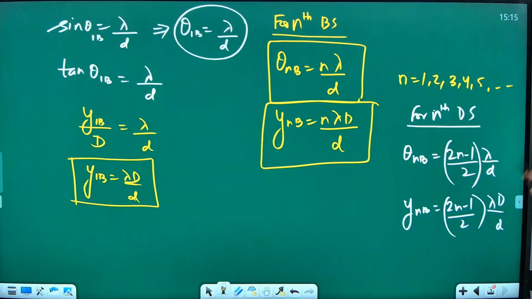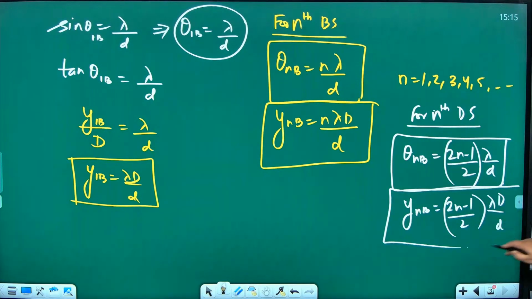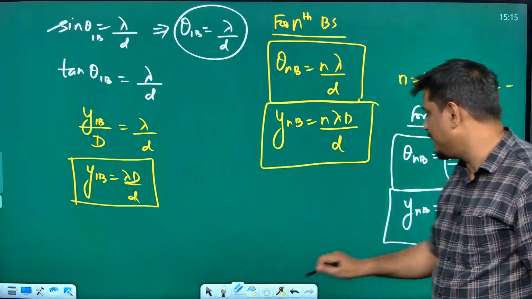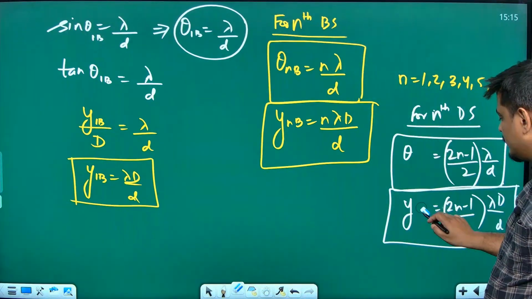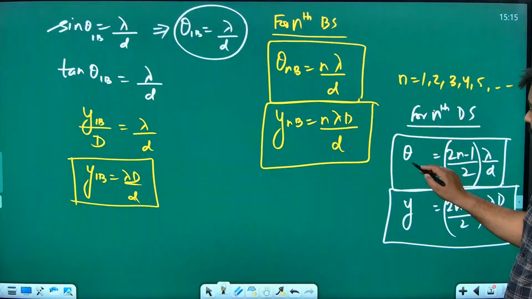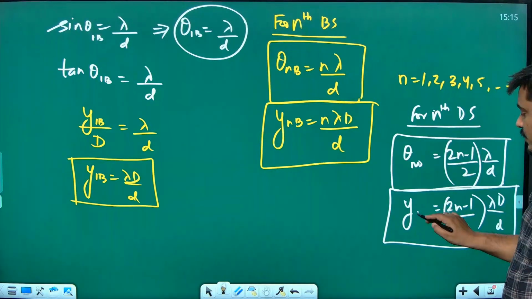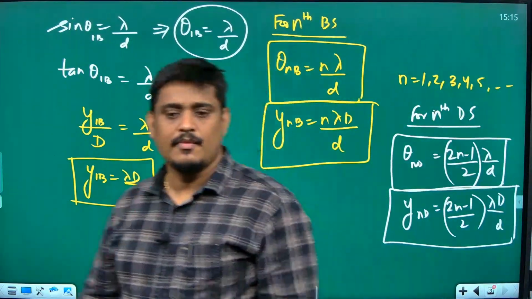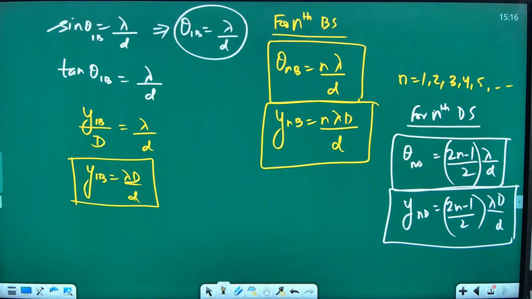Do you agree with me? I hope you agree with me. So these are the formulas to locate the nth dark spot. Actually, I should write nth dark spot, theta of nth dark, y of nth dark. Is it clear to you? I hope it is clear to you.